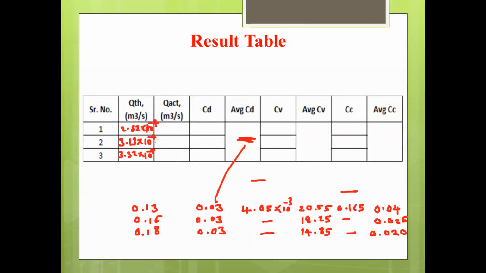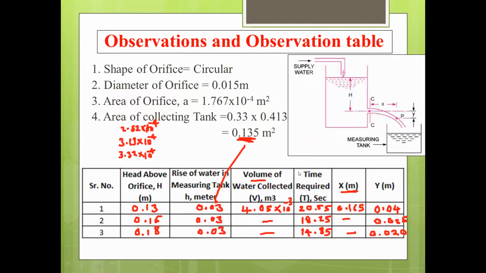Now, actual discharge. Let's find out the actual discharge here. To find the actual discharge, we need the volume, and the volume is the same, 4.05 into 10 to the power minus 3, divided by time.